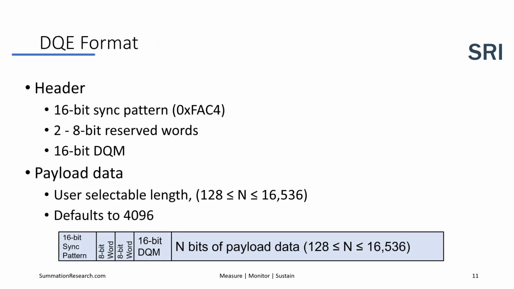Going very detailed into the DQE format, this DQE format is designed to encapsulate telemetry data along with its associated data quality metric, ensuring a comprehensive and standardized method of data transmission and quality assessment.